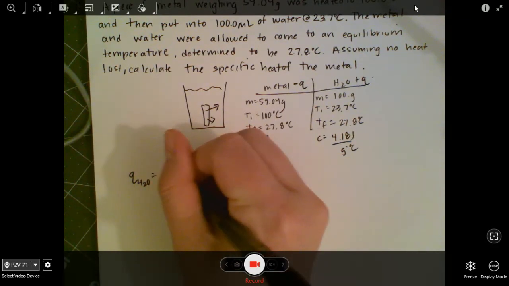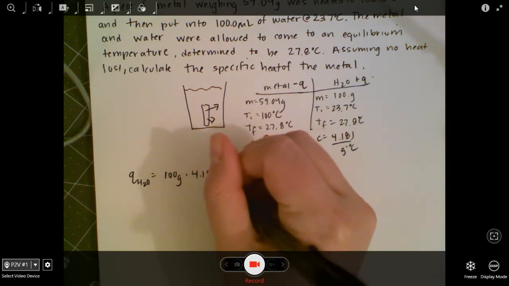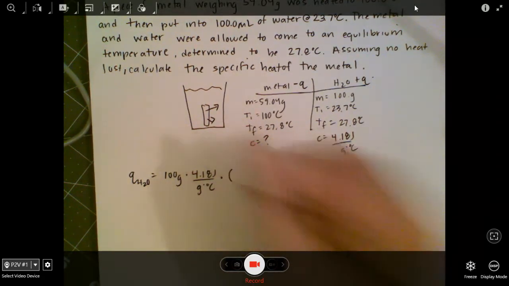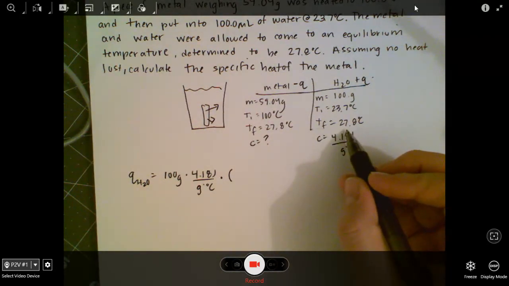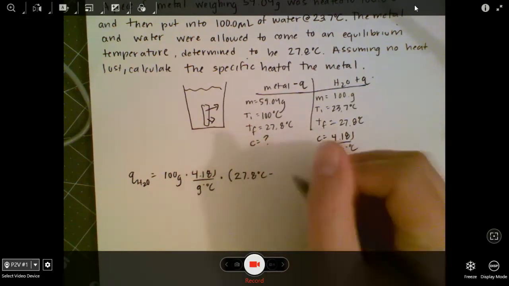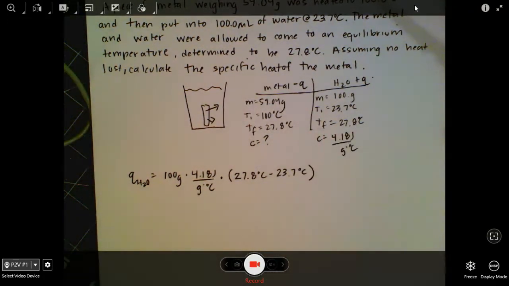So it's 100 grams times our specific heat of 4.18 joules per gram degree Celsius times our delta T, which is going to be, remember, final minus initial, 27.8 degrees Celsius minus 23.7 degrees Celsius.